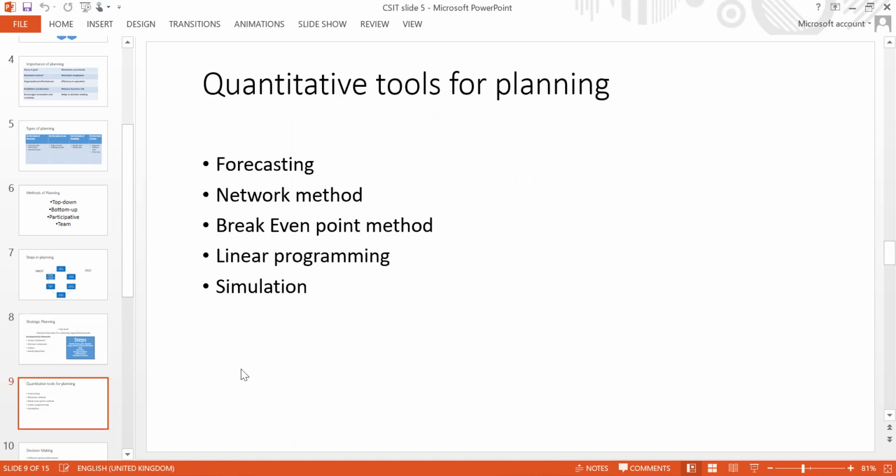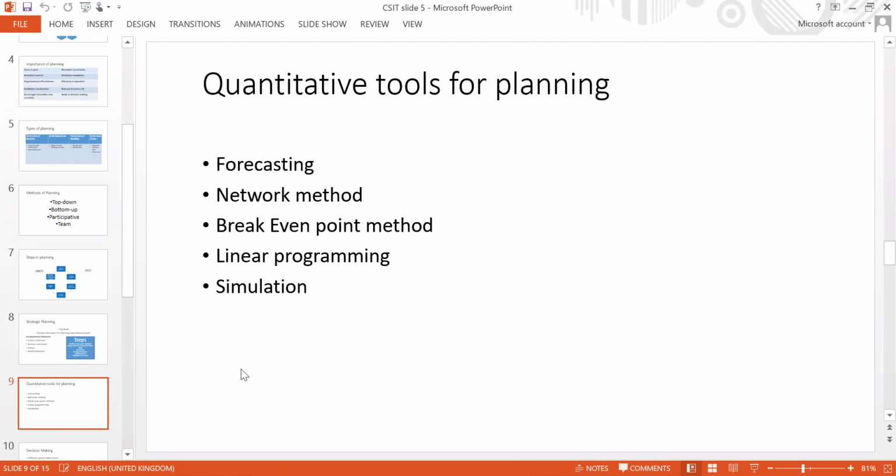And we said that planning is done for the future. We sit at this point of time, and we are defining the course of action, defining our activities for the future.